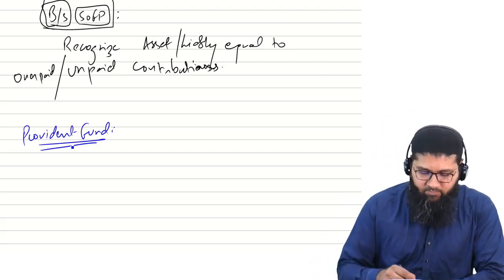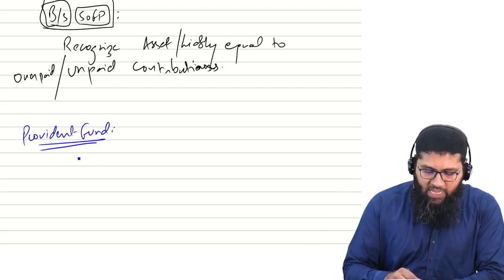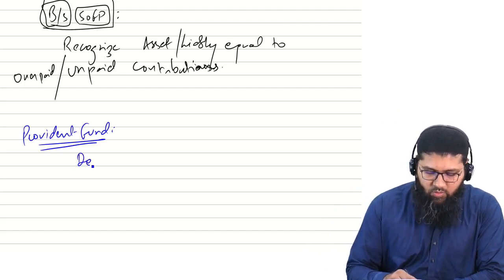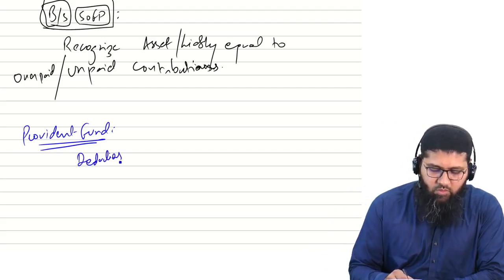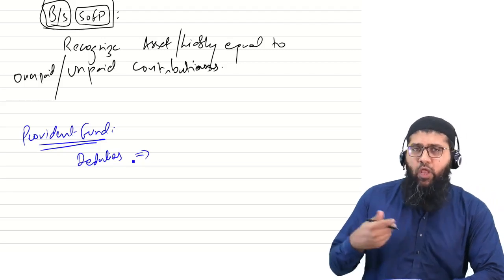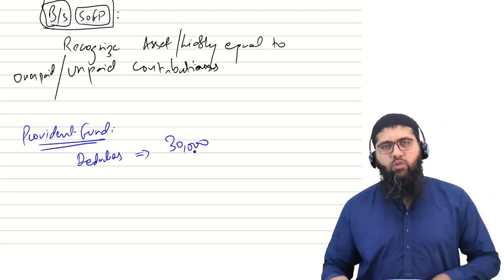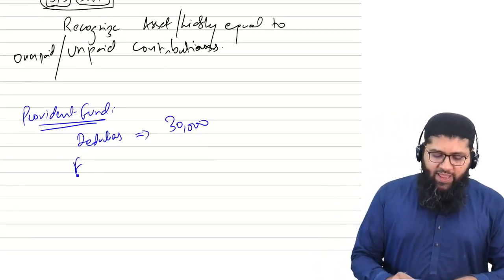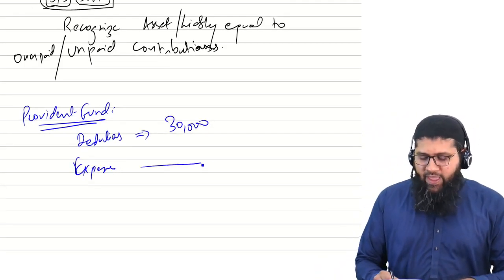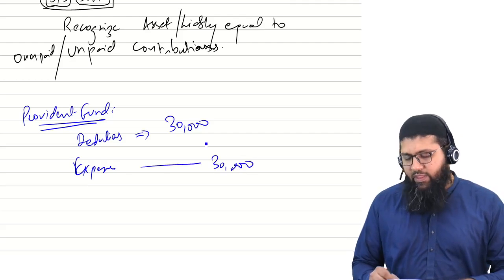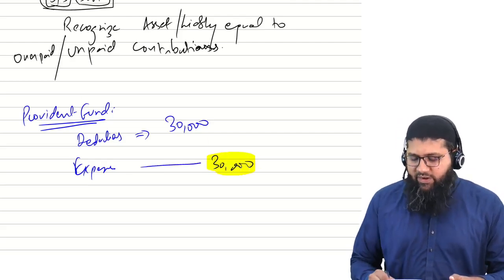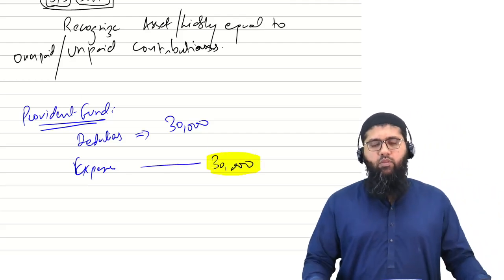Assume that the deductions from the employee's salary were 30,000. So the expense that the employer is going to recognize is 30,000, because this is the contribution that you have to pay.